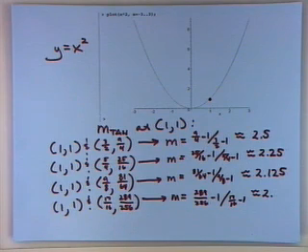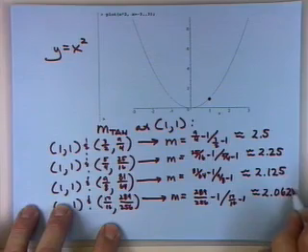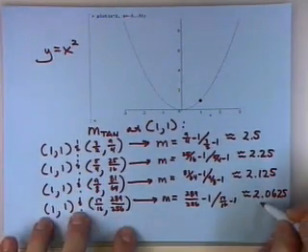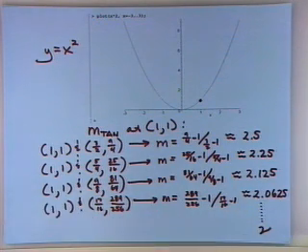So 2.0625. So what should be happening is that we're getting closer and closer to the actual value, which is 2. So you can come in from the right, which we just did, or you can come in from the left, and I'll spare you the arithmetic there.